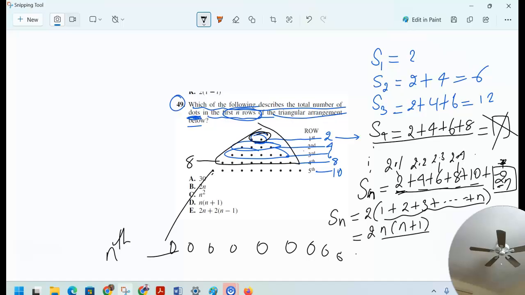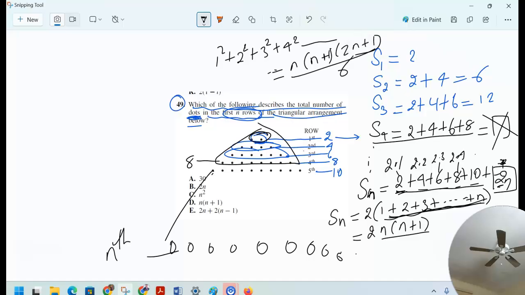So it's like an arithmetic sequence adding 1 plus 2. If you have 1 square plus 2 square plus 3 square plus 4 square, this way it is n into n plus 1 into 2n plus 1 divided by 6. So those are kind of rules: if it is squares, this is how the formula works.